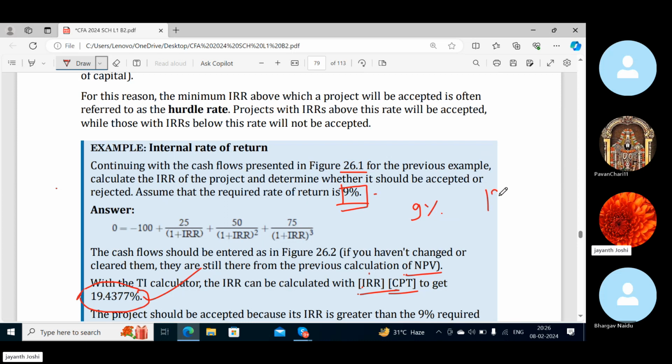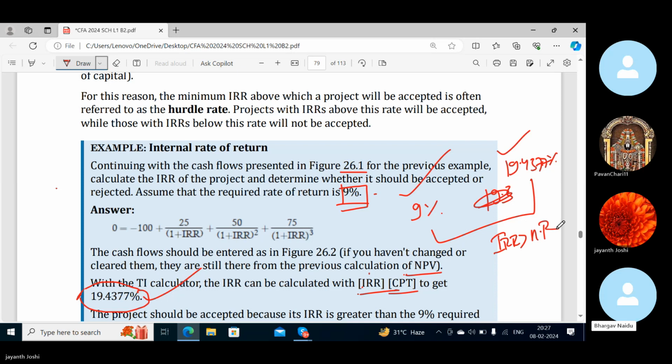So now here we had 19.4377%. Now please all of you tell me yes or no. This is your IRR and this is your hurdle rate. Your IRR is more than your hurdle rate, correct? Will you accept or reject this project? Come on, tell me. Accept.